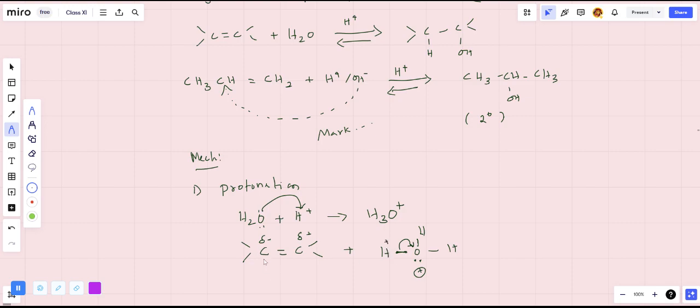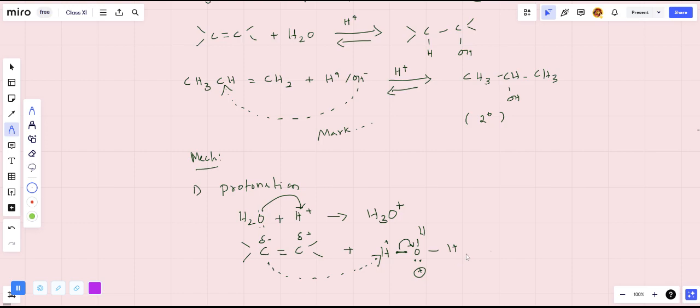But as this hydrogen is donating its electrons, as the bond is broken, it attains a positive charge. Due to the electronegativity difference and polarity, this carbon has a negative charge, so it gives two electrons to this hydrogen. The arrow marks should be like this. That means this carbon is donating its electron to this hydrogen.